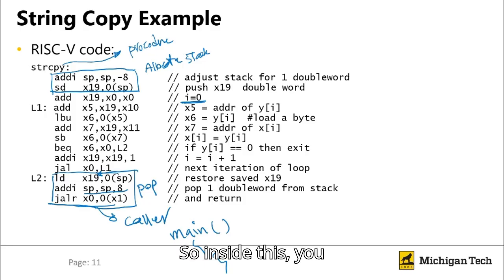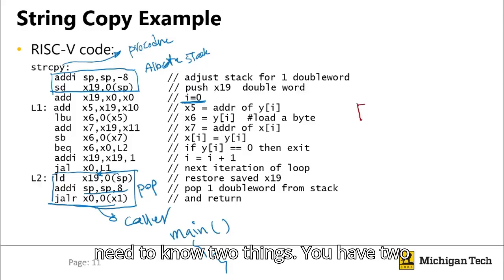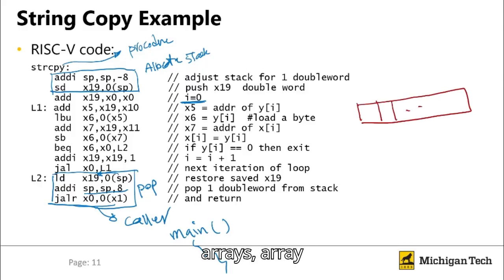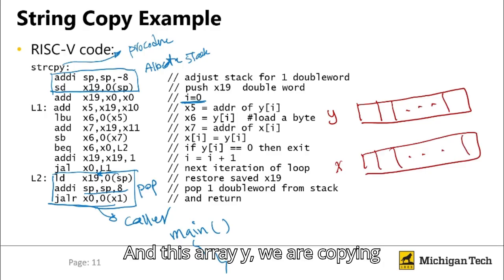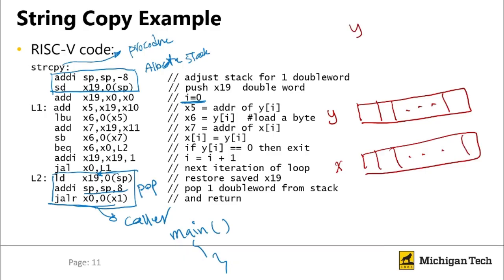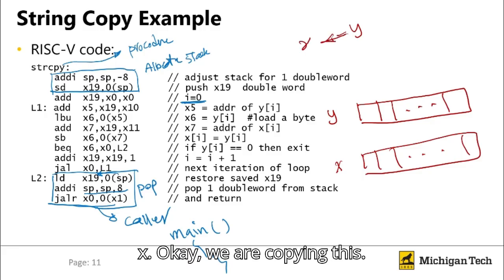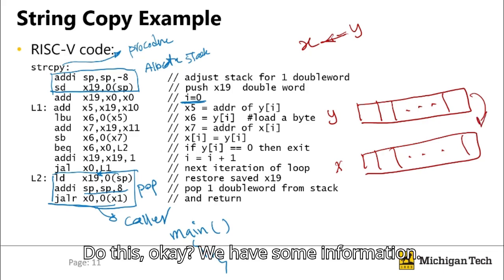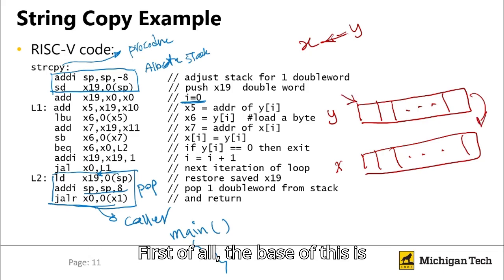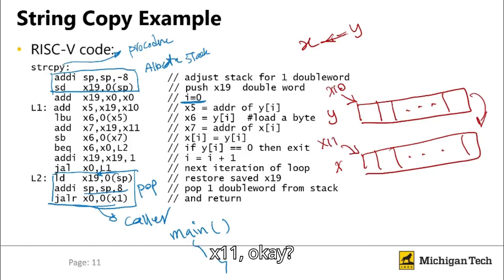So inside this, you need to know two things. You have two arrays, array y and array x. And this array y, we are copying y to x. Okay, we are copying this to this. Okay, we have some information. First of all, the base of this is x10, base of this is x11.